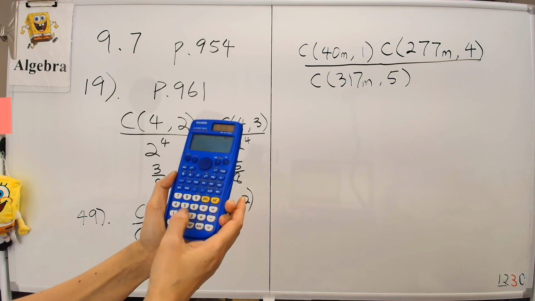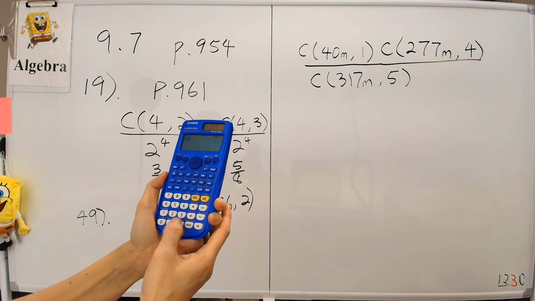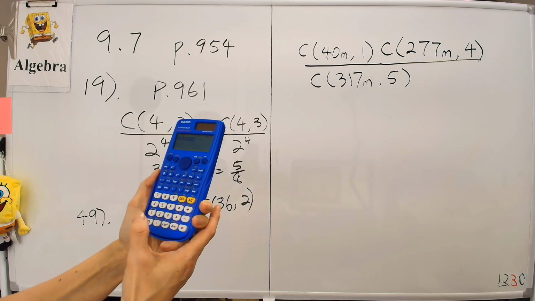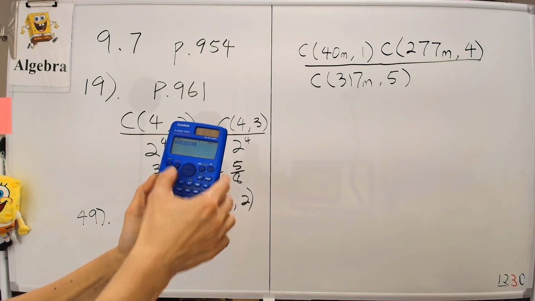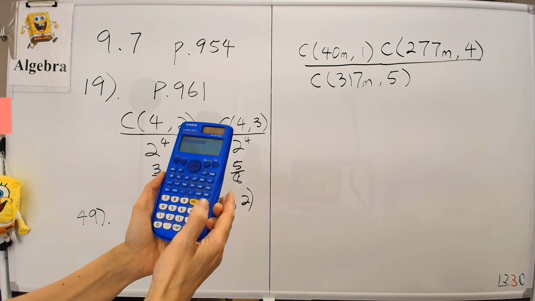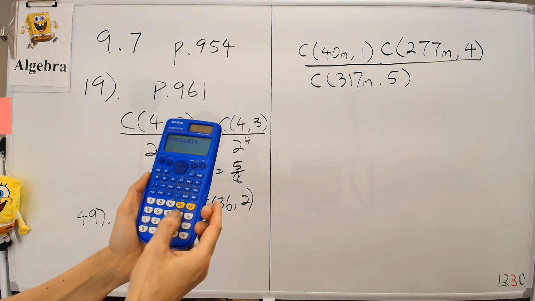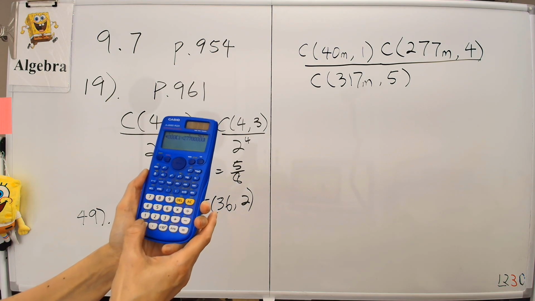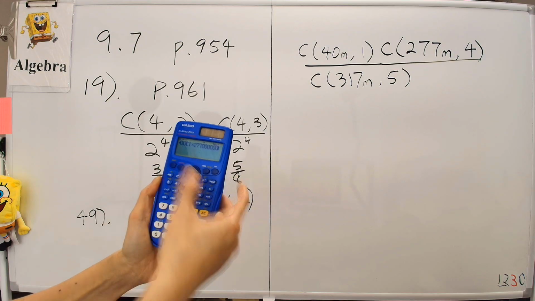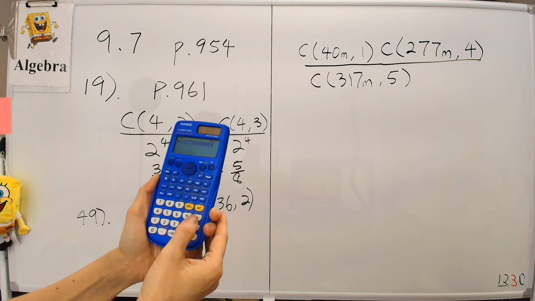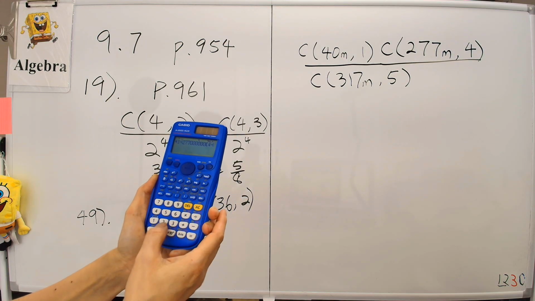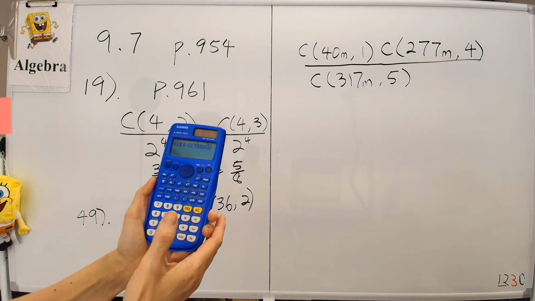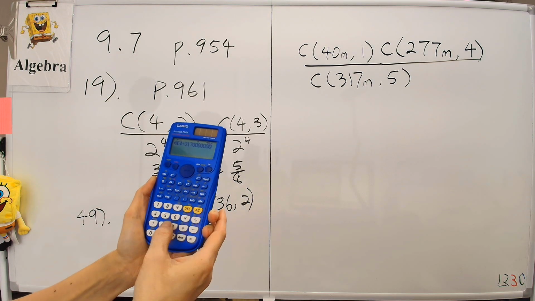So we have 40 million, type in 6 zeros: 1, 2, 3, 4, 5, 6. 40 million, shift C, choose 1 times 277 million, 1, 2, 3, 4, 5, 6, choose 4, and then divided by 317 million, 317 and 6 zeros, choose 5.